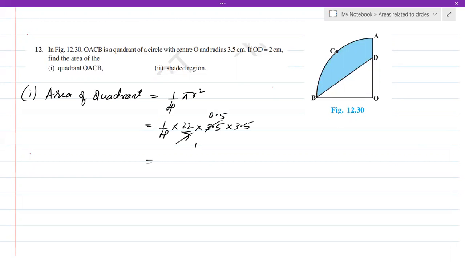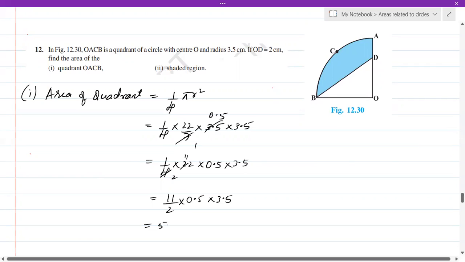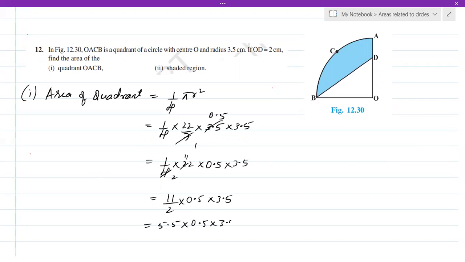So it becomes 1 by 4 into 22 into 0.5 into 3.5. So here we can cancel 2 2s are 2, 11s are. So it becomes 11 by 2 into 0.5 into 3.5. So 11 by 2, actually we can write it as 5.5. 5.5 into 0.5 into 3.5.